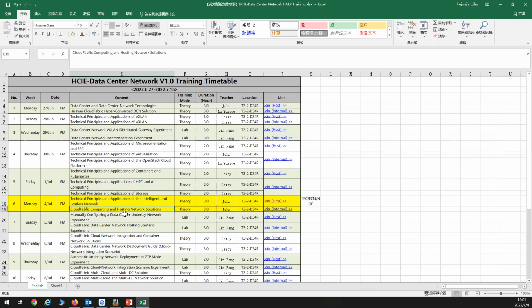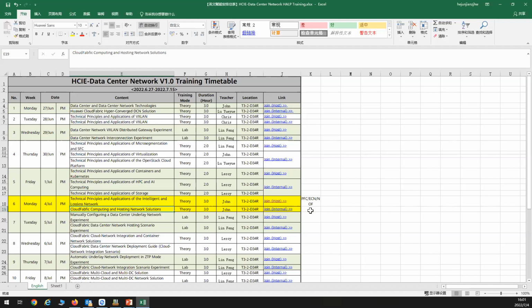And next we'll learn cloud fabric, computing and hosting network solution. In this slide, we'll introduce the network virtualization scenario. We have two Huawei solutions, computing and hosting.